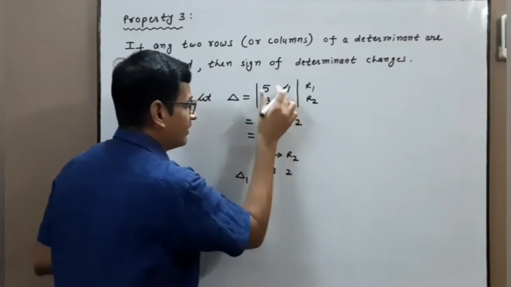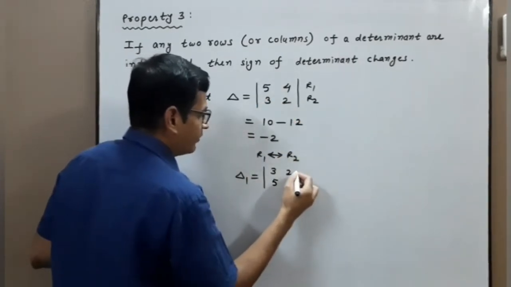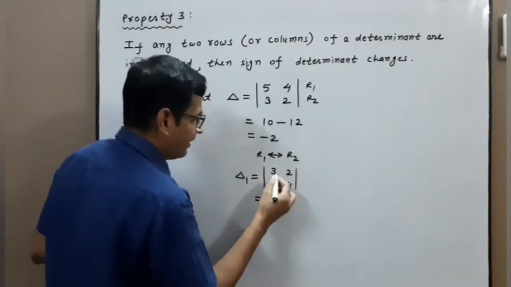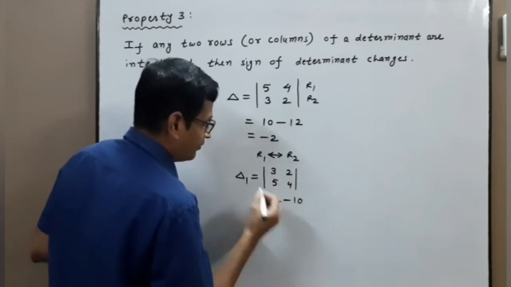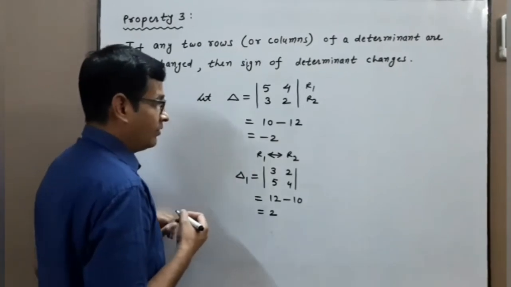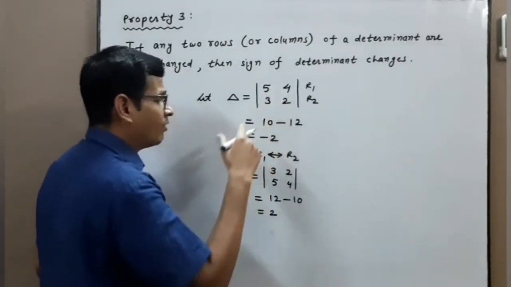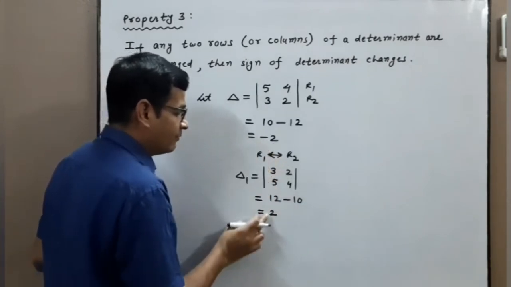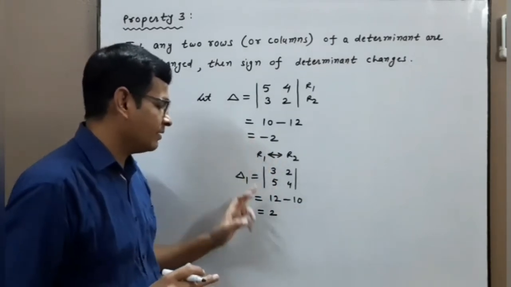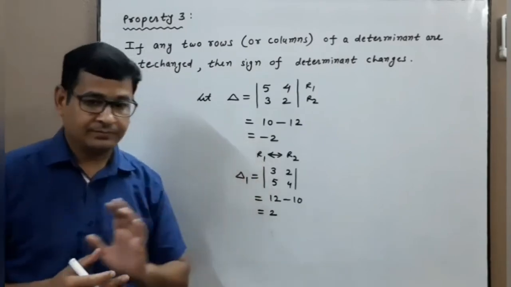Now simplify. 3 4s are 12, 5 2s are 10. So equal to 2. So if we interchange its two rows or two columns, numerical value remains same. Only sign will be changed. If minus 2 then plus 2, plus 2 then minus 2.